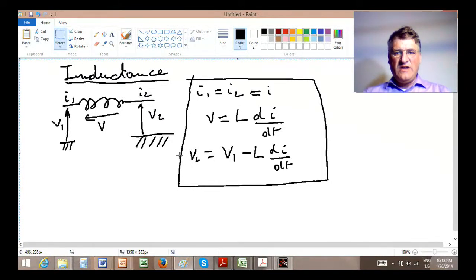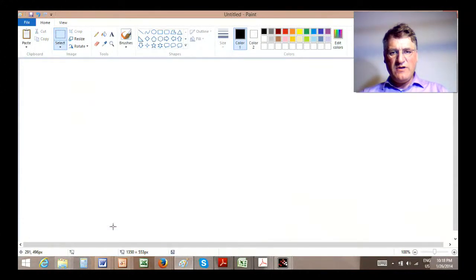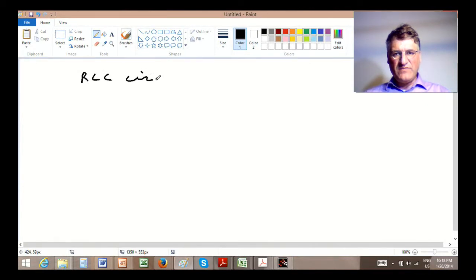Now, let's look at another item. First of all, before we go into anything else, let us talk about typical circuitry. So RLC circuits. These are standard circuits, and they are the equivalent of the mass spring system.